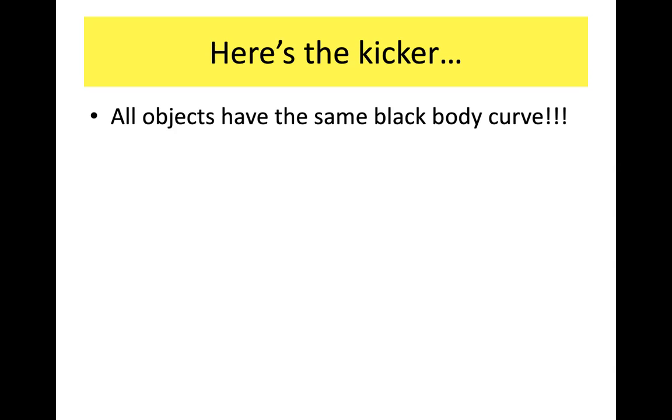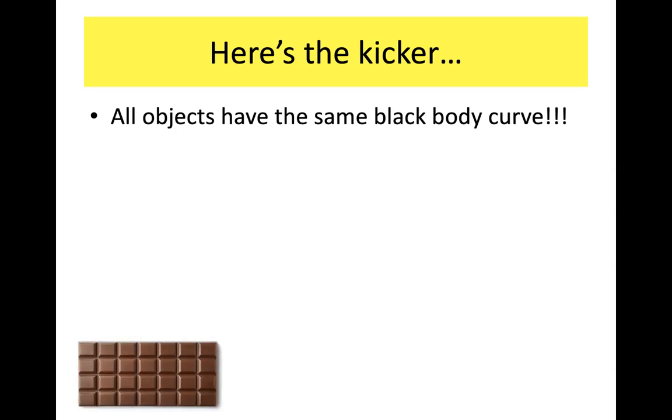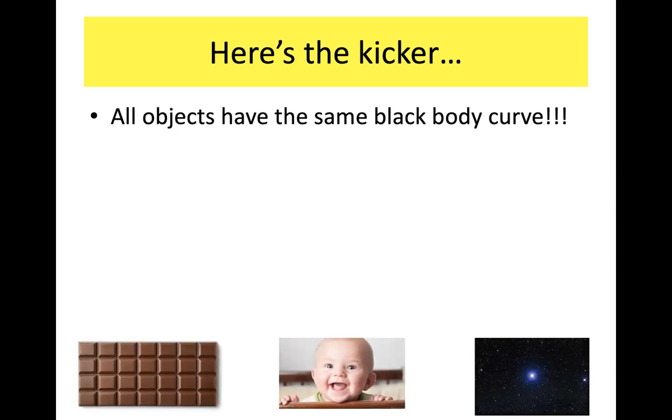It can be less mass, more mass, it can be made of carbon instead of steel, and we get the same curve. You get the same curve for chocolate as you do for anything, and anything includes even human beings, not that we're going to heat up human beings, but stars. Okay, yeah, a star is hot, but chocolate itself will give off the same black body curve as stars do.